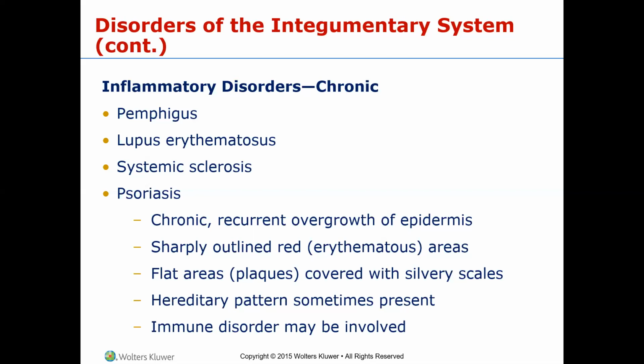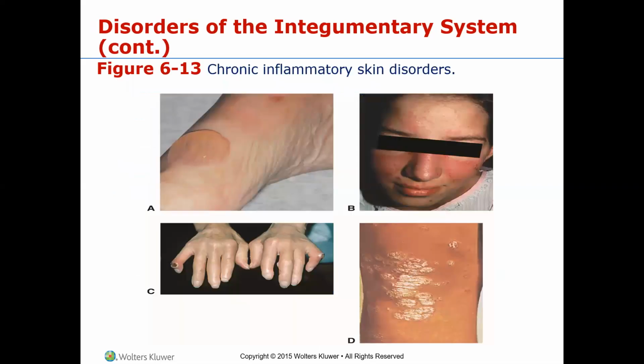Psoriasis is a chronic overgrowth of the epidermis itself, and it leads to sharply red, patchy areas, which are like an erythema, and sometimes it's hereditary, but it's also an immune disorder. So here, these are some chronic inflammatory diseases.